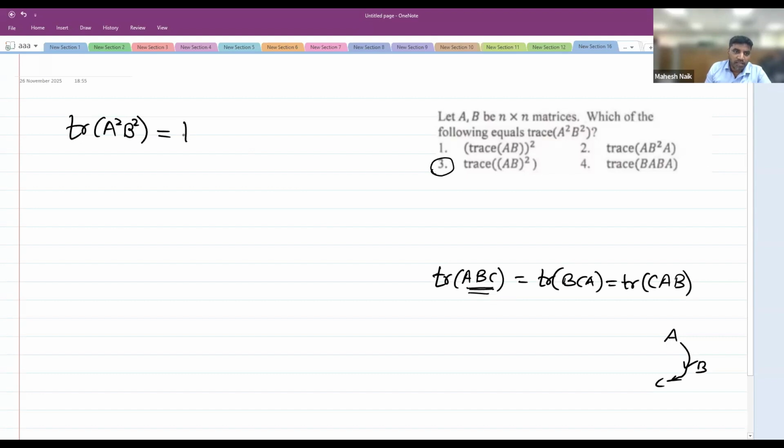So if you start with some other form, just use that to proceed with the cyclic form and then get the option. So in this case, what we can only do is we can write A square as A into A, B square as B into B. Okay, and then if we apply this cyclic property, so we have C coming here and so on, like BCA. So if we use this property, what will happen in this part of the bracket, A into A, B into B?